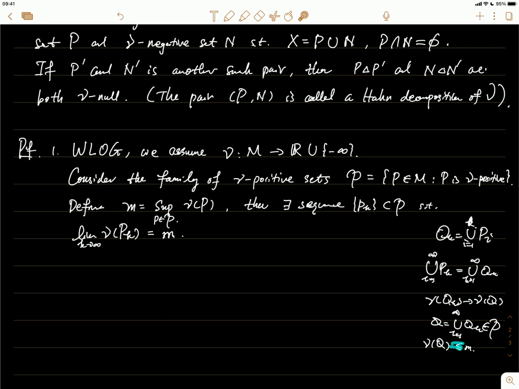So that's why this is actually an equality. So you can reach the equality when you take the partial unions of them. But the point right now is that if we take the union of the Pk, we know that it will have a measure equal to M.